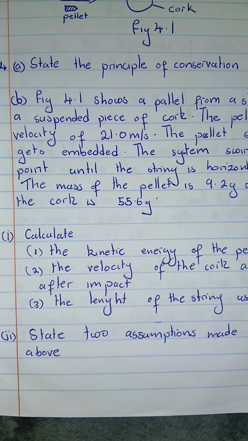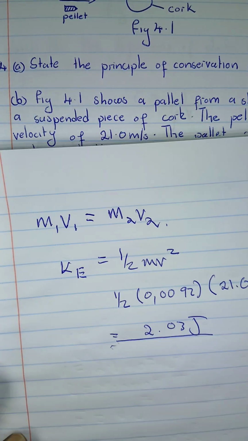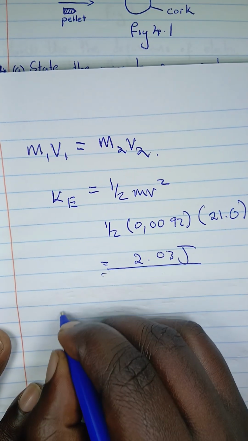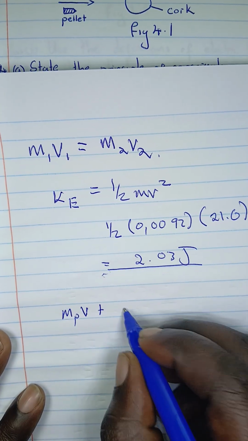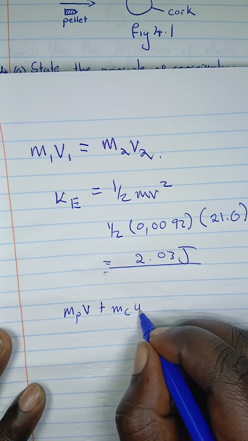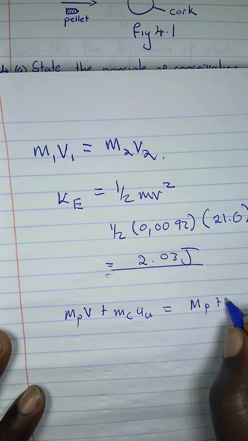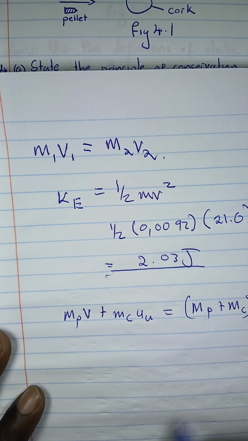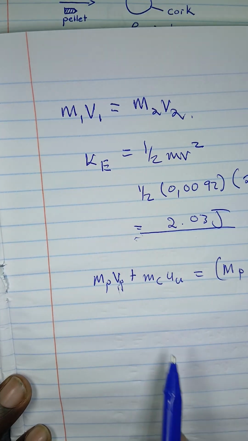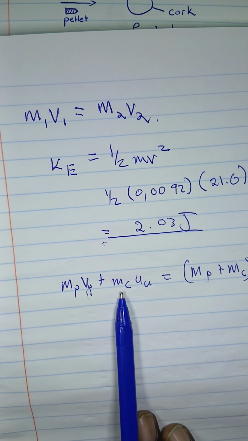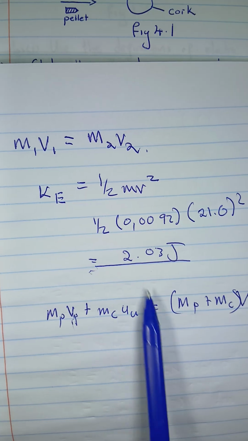The velocity of the cork and the pellet just after impact. So we are going to use the principle of conservation of momentum. mp vp plus mc u, this is the momentum of the pellet and the velocity of the pellet, and this is the momentum of the cork here and the initial velocity of the cork.